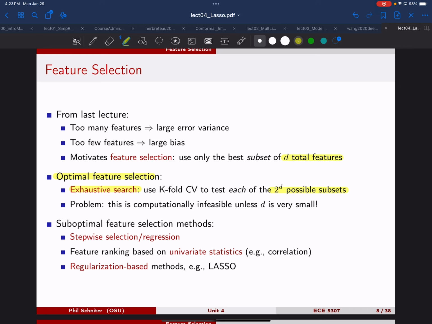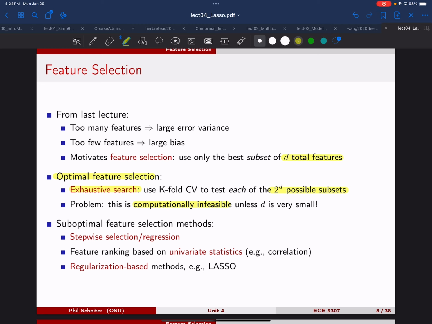It's straightforward, but computationally, it takes a while if you have a lot of data and if D is large. And if D is beyond 15 or 20 or so, it's just computationally impractical to do that. So this is the main issue with that.